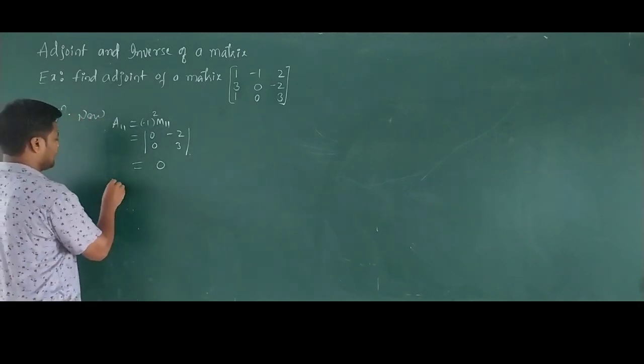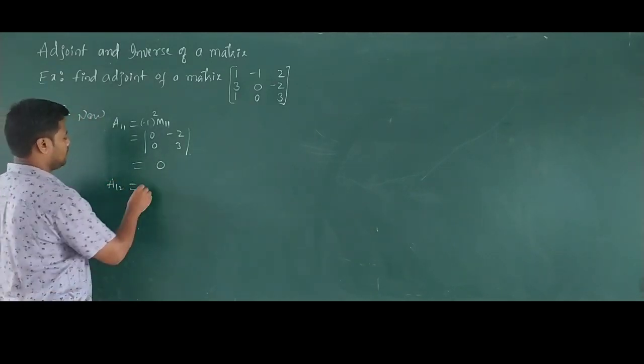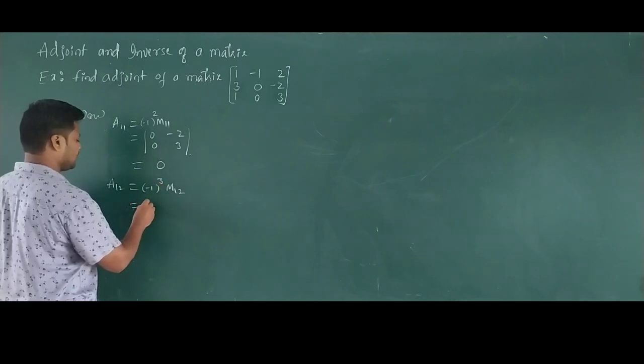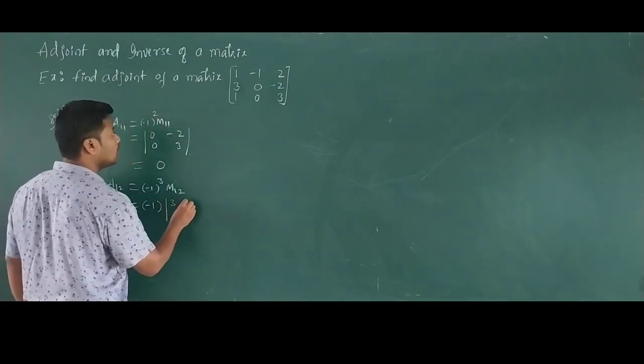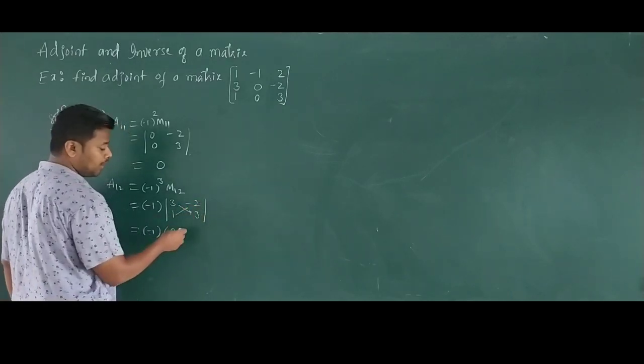Similarly A12 equals minus 1 to the power 1 plus 2, which is minus 1, into M12. Removing the row and column, we get 3, minus 2, 1, 3, so this equals minus 1 into (9 minus (1 into minus 2)), which is minus 11.